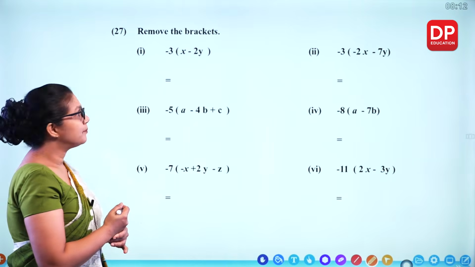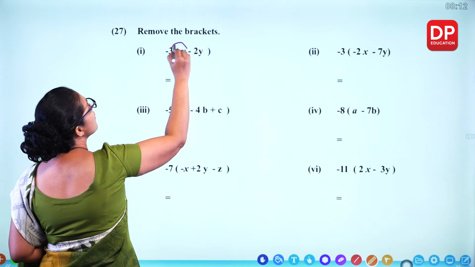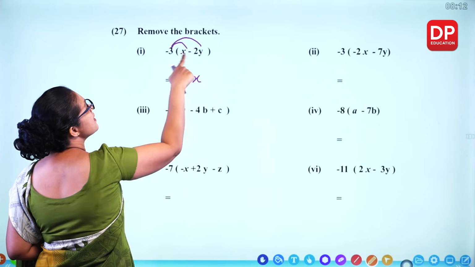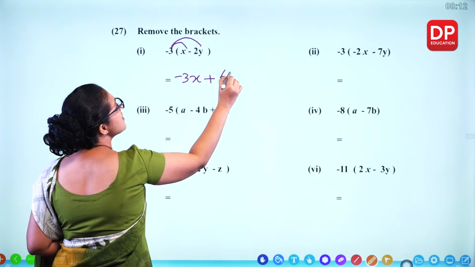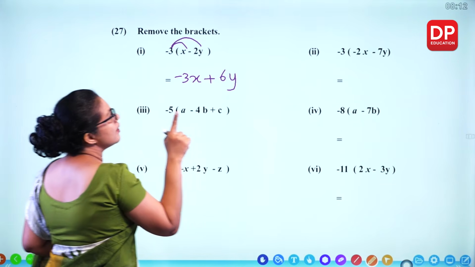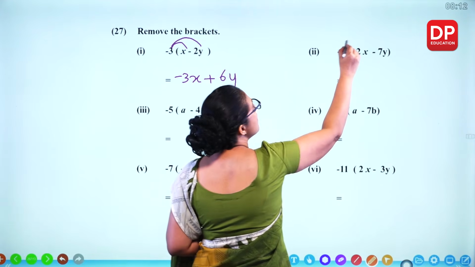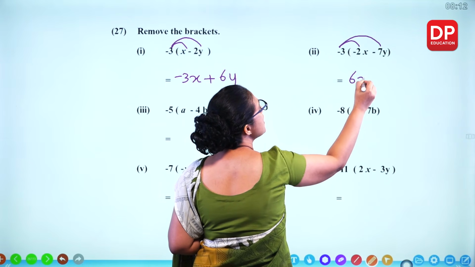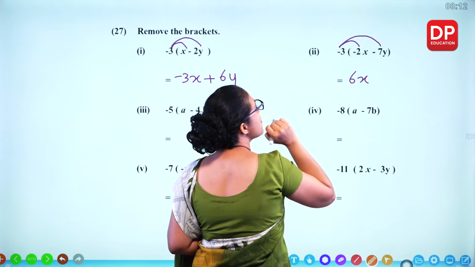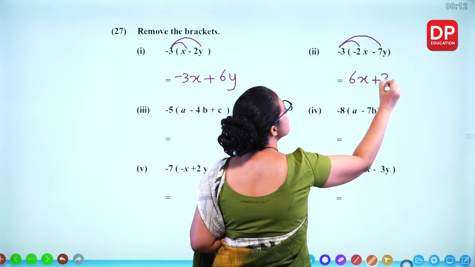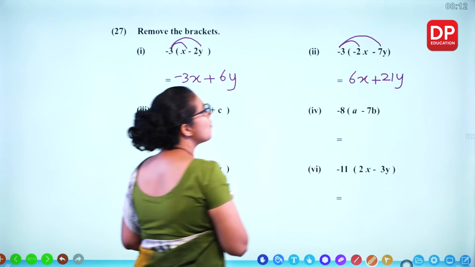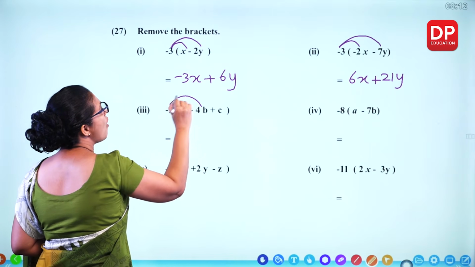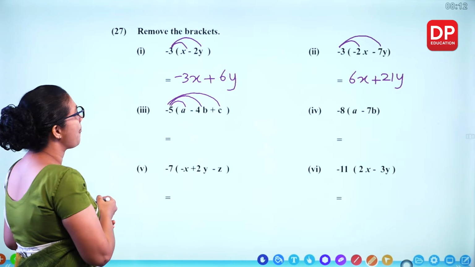Remove the brackets now. So use arrows to multiply. Minus 3x, minus times minus, plus 6y. This one, when you multiply, minus minus plus, 3 times 2, 6. Minus 3 times minus 7, plus 21y. This one you have to multiply all 3 terms.